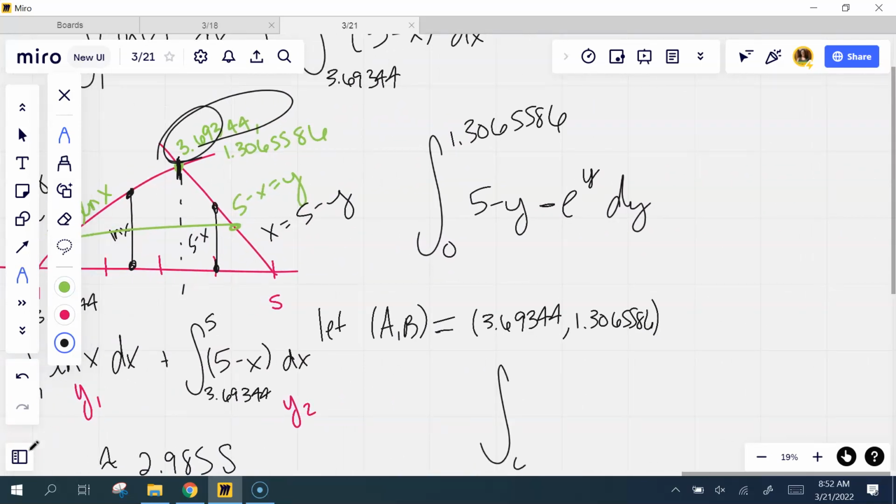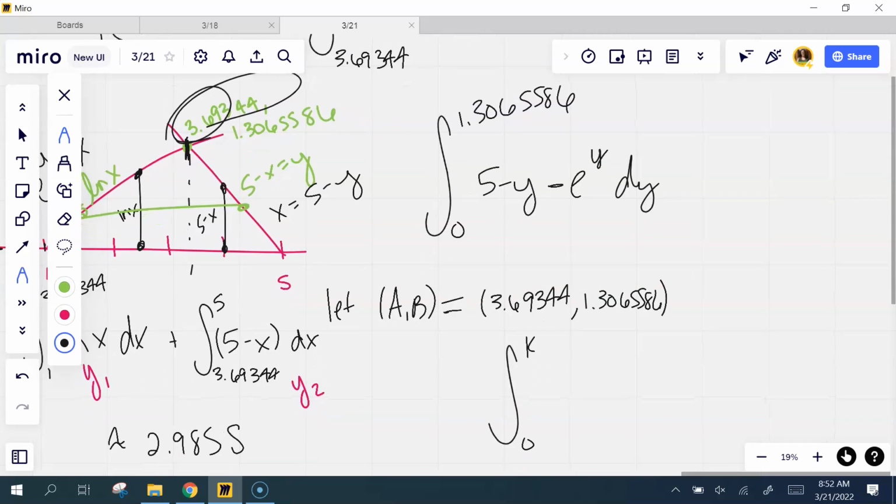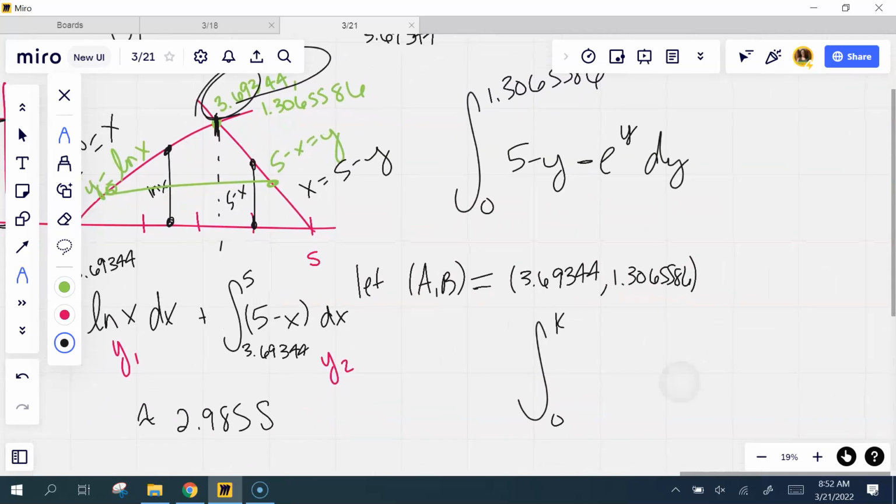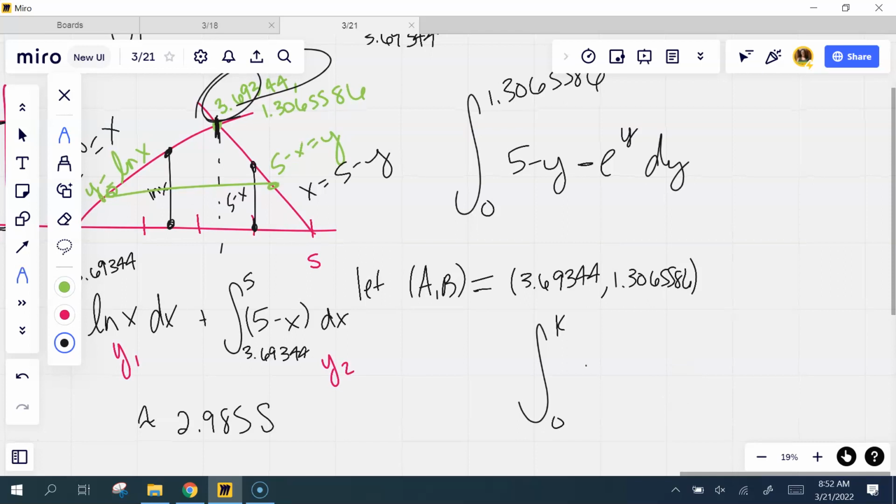So from 0 up to k, right? From 0 to k of, again, this 5 minus y minus e to the y. Yes, because it's a horizontal line, not a vertical line. There's no other way to get around this. So this is not the whole thing though, huh?